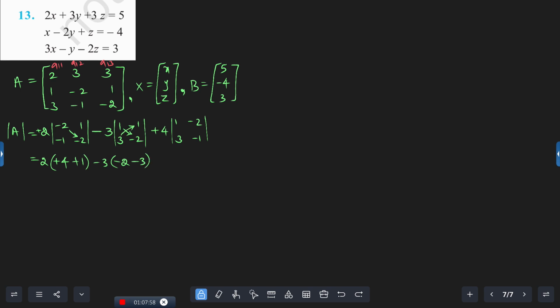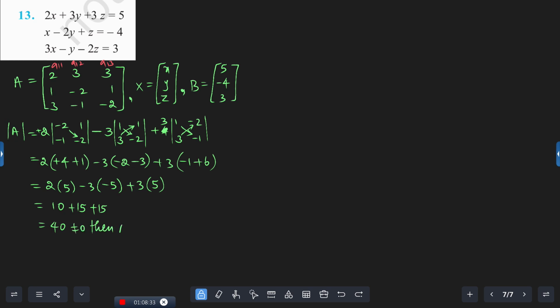Then 3 times 1 into minus 1, formula minus, 3 into minus 2 is minus 6, so minus into minus plus 6 you will get. So 2 into 5, minus 3 into minus 5, plus 3 into 5. 2 fives are 10, minus into minus plus 3 fives are 15, again 15, 30, 40.